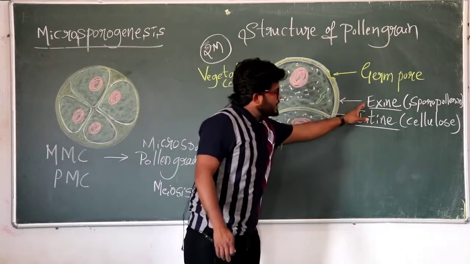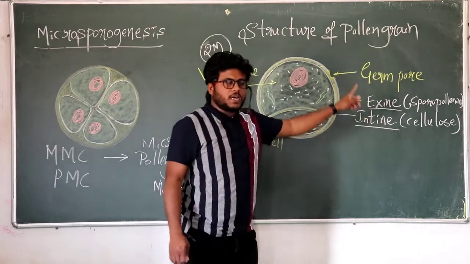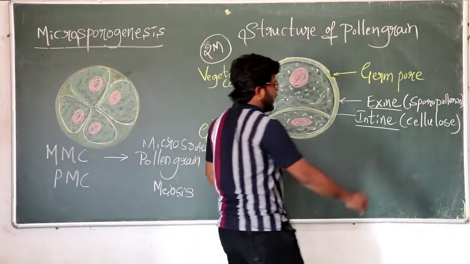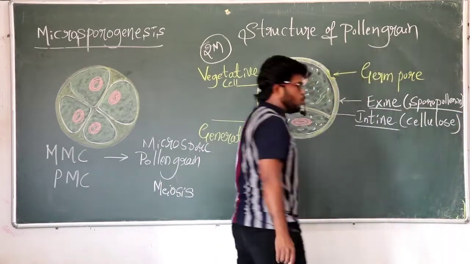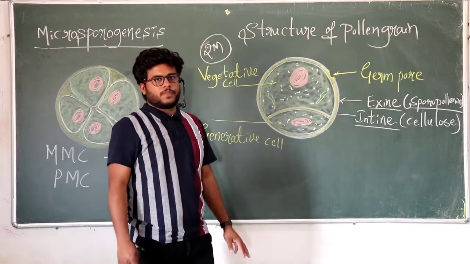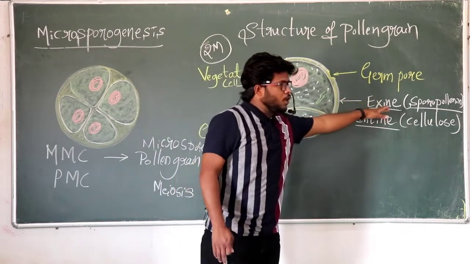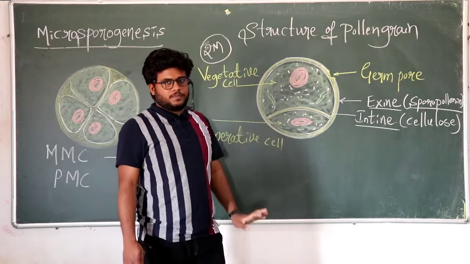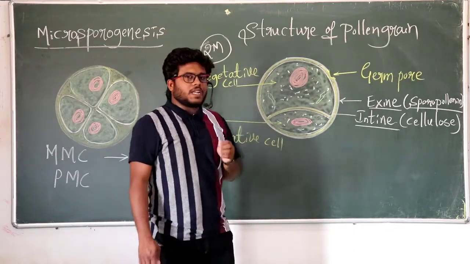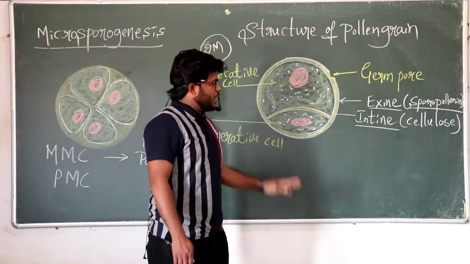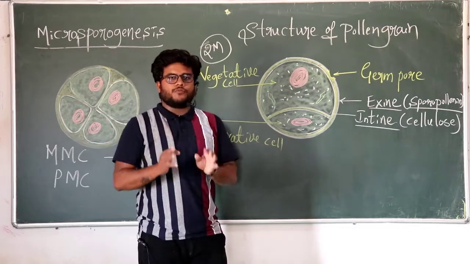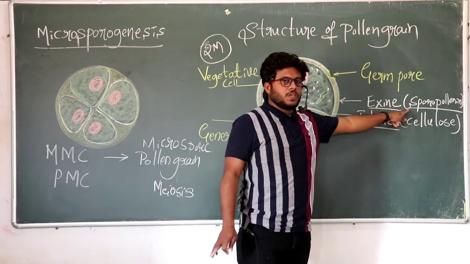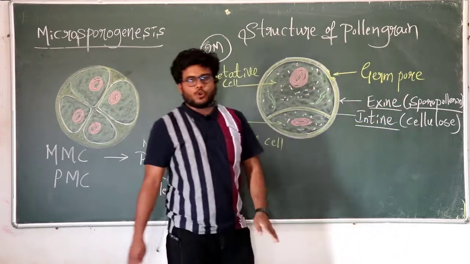The outer exine is made up of one of the hardest materials, that is sporopollenin. This sporopollenin is the most resistant material because it cannot be degraded by any enzymes. So hence it is the most resistant material.